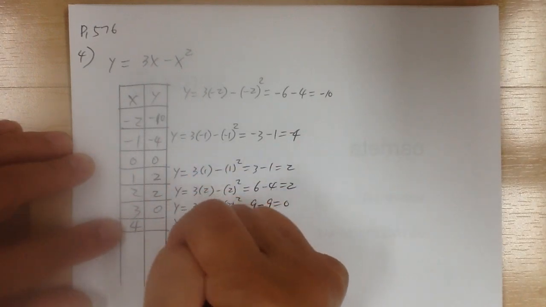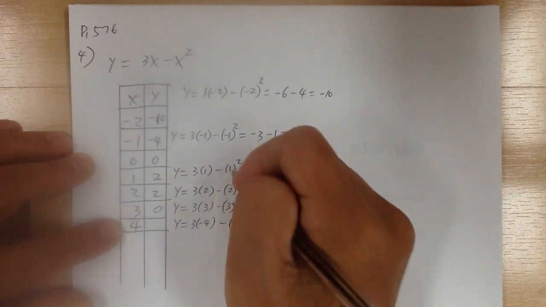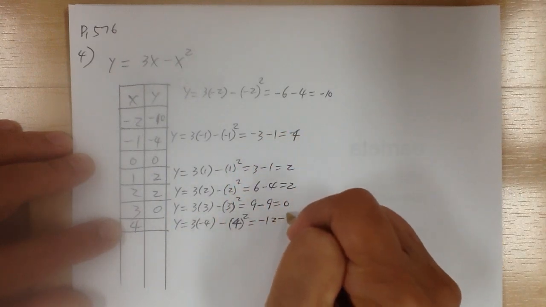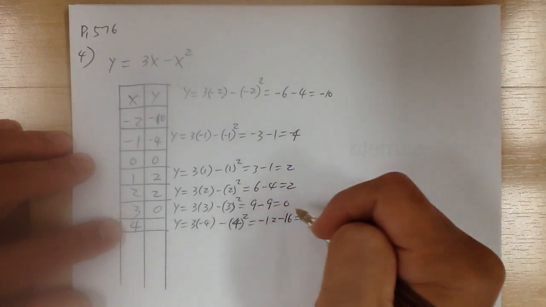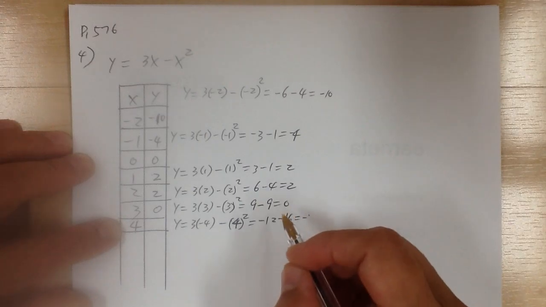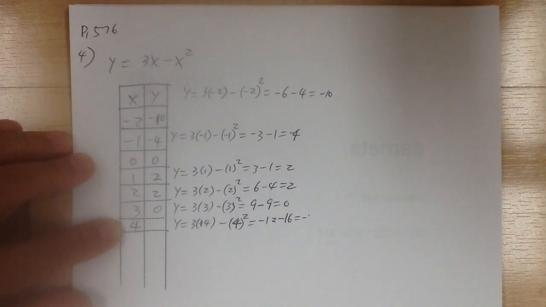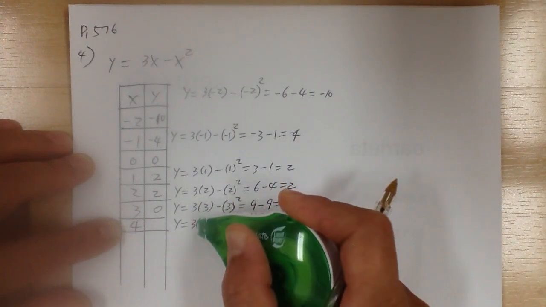And for the 4, y equal to 3 times negative 4 minus negative 4 squared. Again, whenever you substitute, put in the parentheses. So this will give you negative 12 minus 16 equal to negative, let me see. Oh, positive 4. Okay. So that's why you want to kind of work it out.